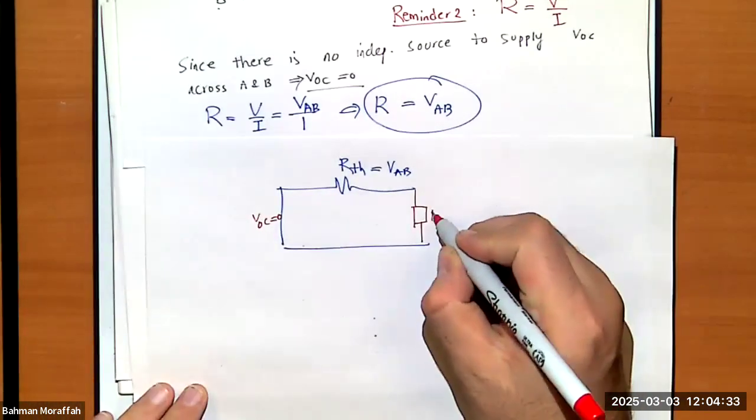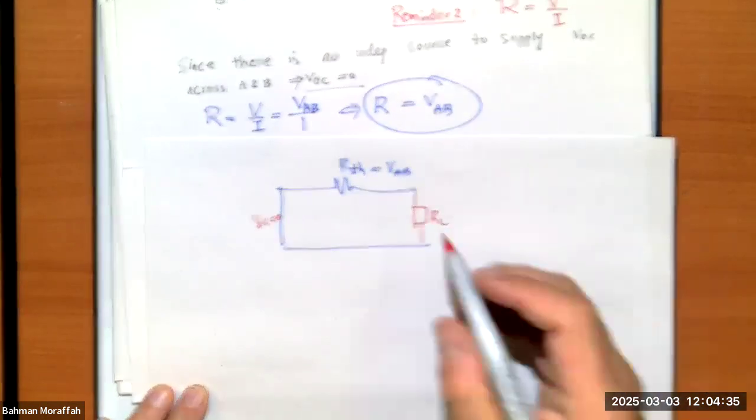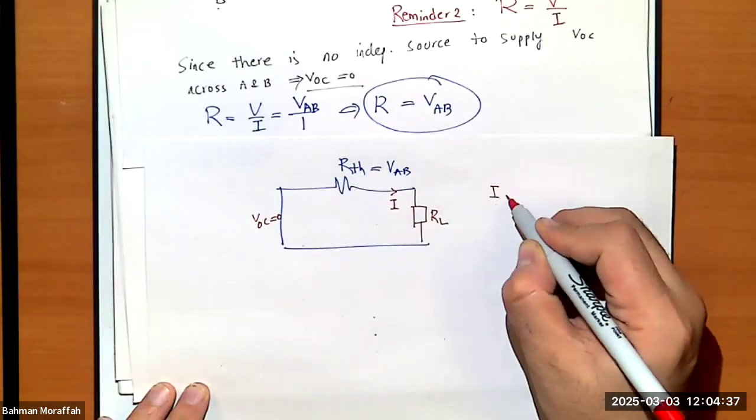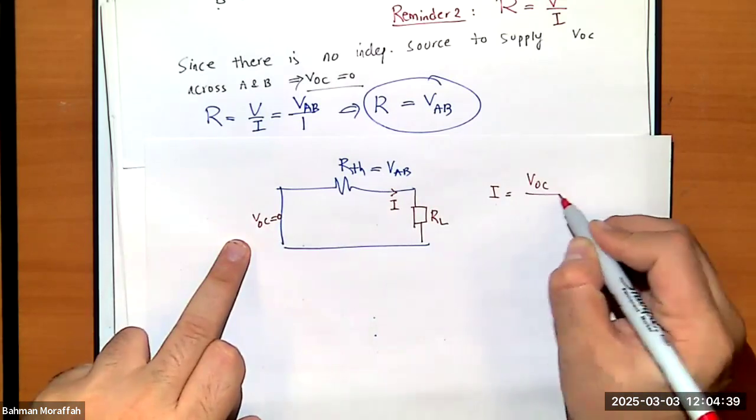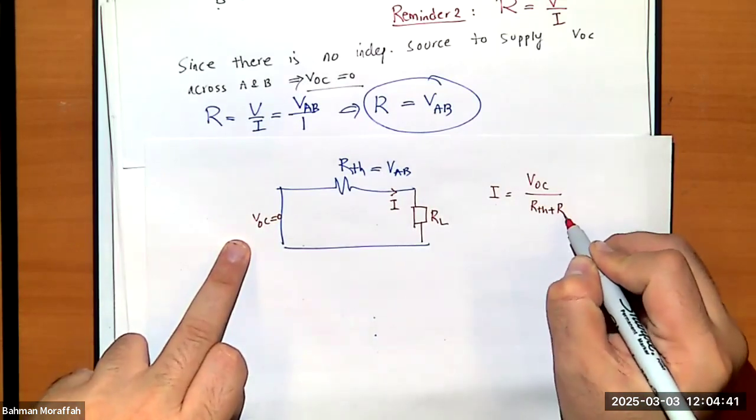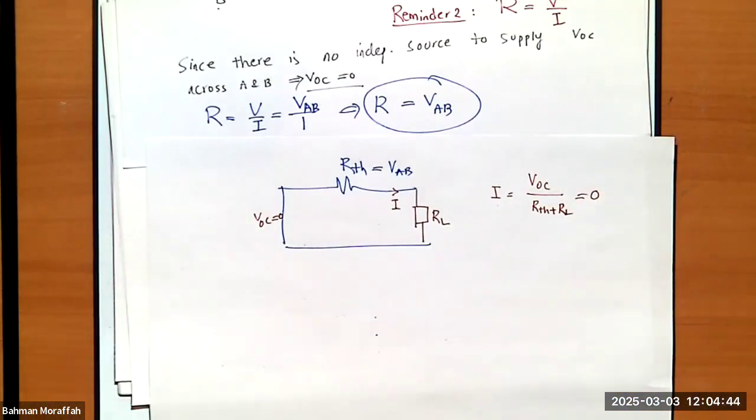Let's just say this is R. What is I? I is the open circuit divided by R Thevenin plus RL, which is 0. Right? So if you wanted to start by finding the Norton equivalent, we had to short it out. But we know there was nothing there, so that must be 0, which confirms it.